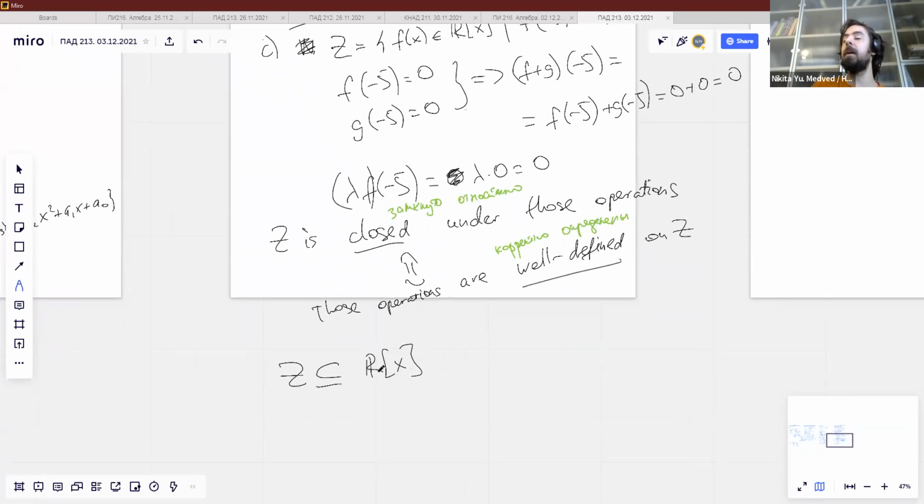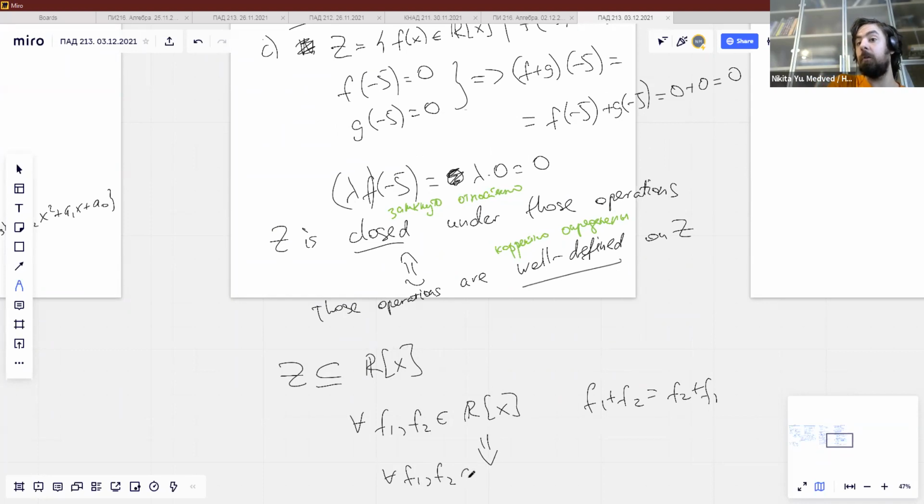For example, for any f1 and f2, f1 plus f2 equals f2 plus f1. But then it automatically follows that for f1 and f2 from Z, also f1 plus f2 equals f2 plus f1.